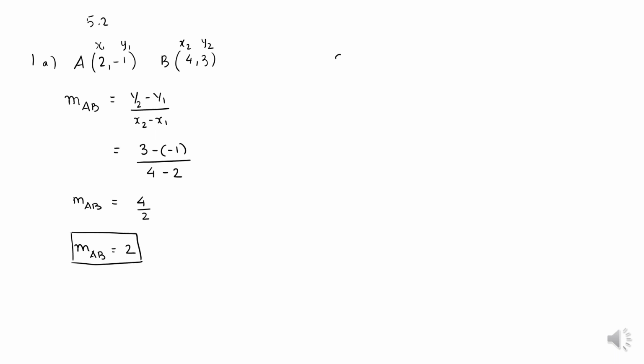Let us take example number D. They have given G (7, 1), H (-3, 1). Again, I'll write x1, y1, x2, y2. So now slope of GH. What will I get? Difference in y coordinates upon difference in x coordinates.